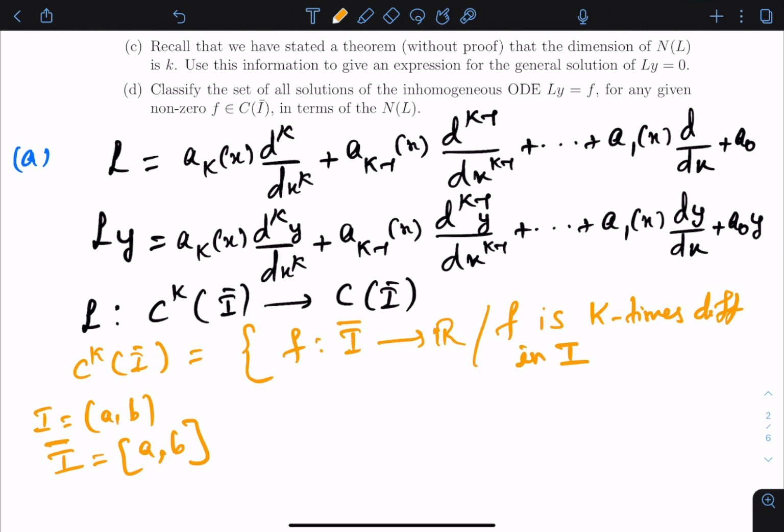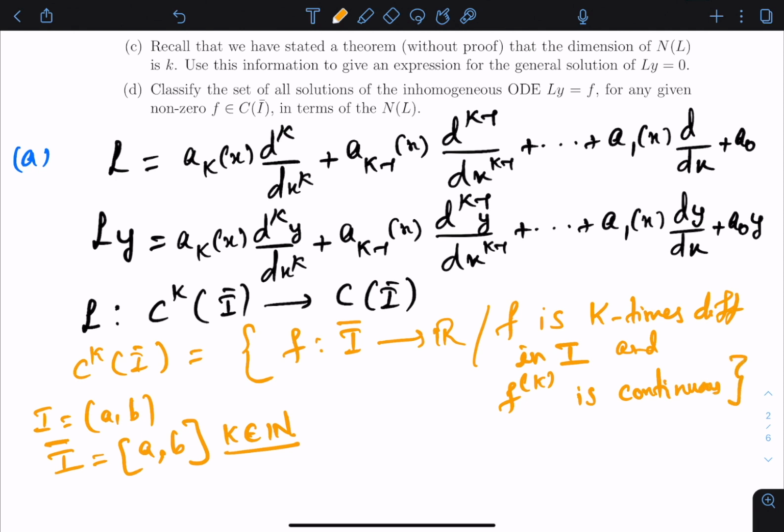So what is C^k of I? For any k which can be a natural number, f is a map from I bar to R, which is all real valued. f is k times differentiable in I, and the kth derivative f^(k) is continuous. In fact, all derivatives up to k are continuous, right?